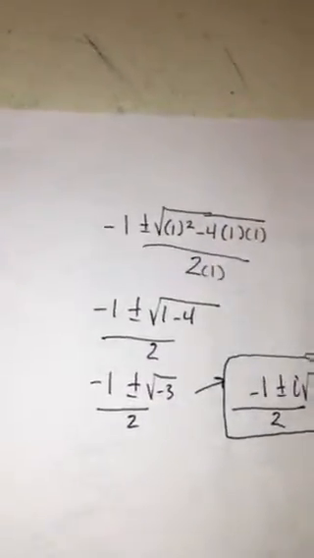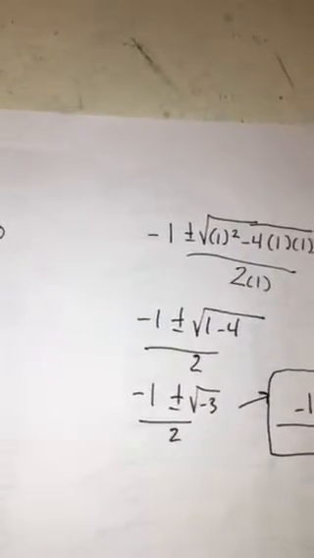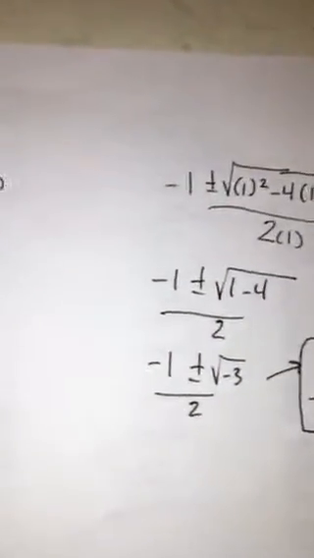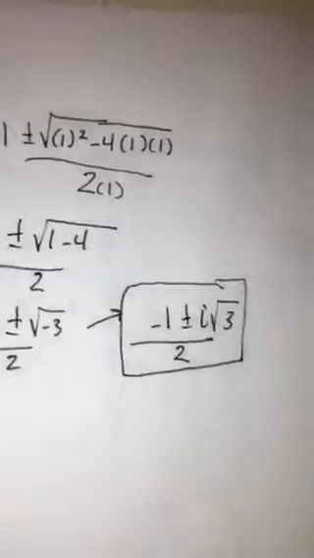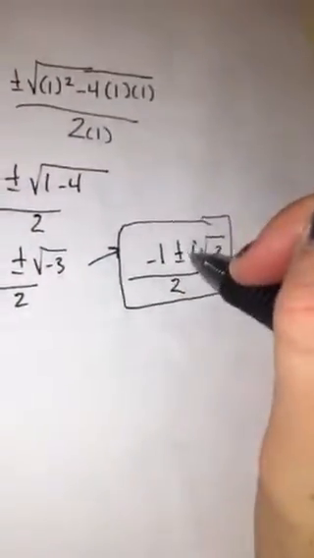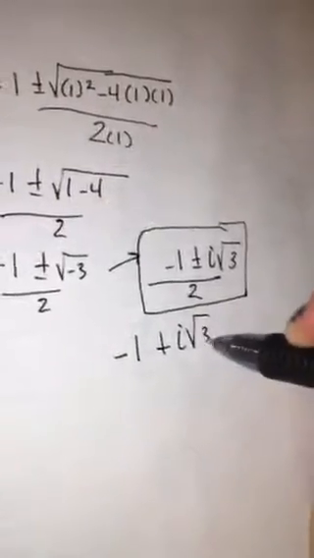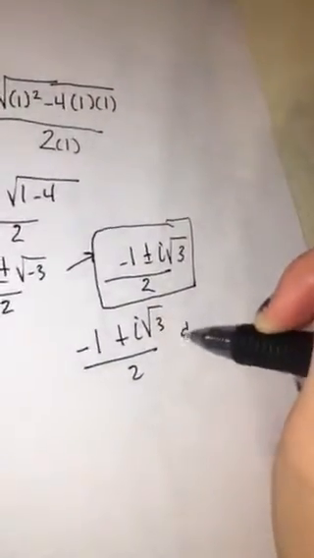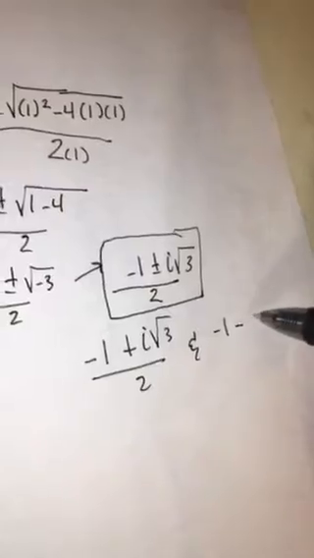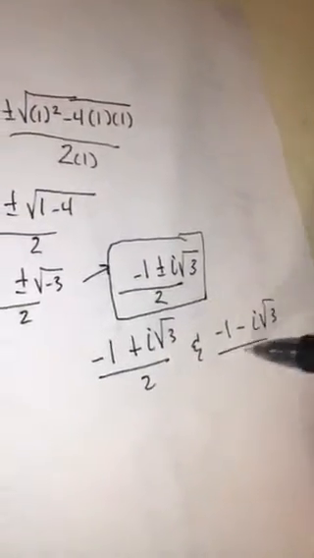And based on the conjugate root theorem, that means that we'll have two answers. So from this, negative 1 plus i root 3 over 2 and negative 1 minus i root 3 over 2.